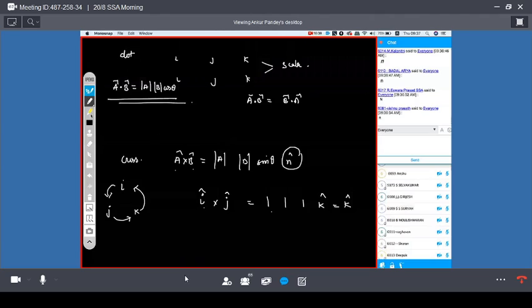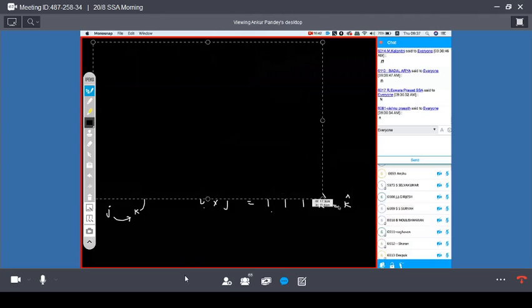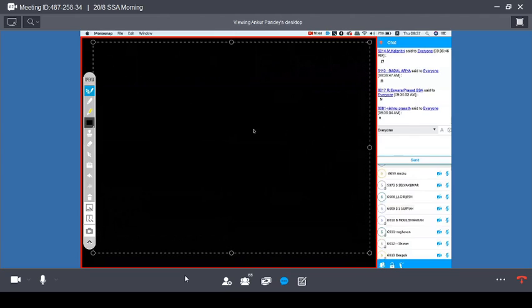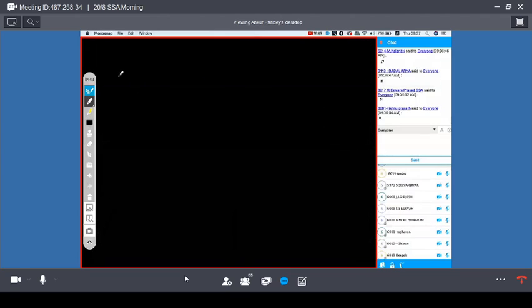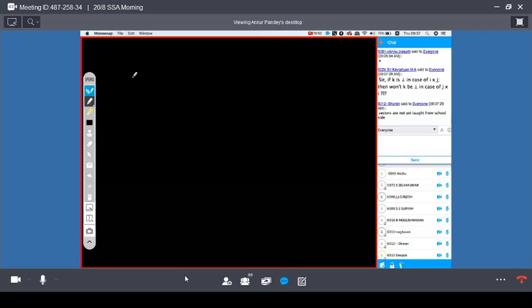Clear? Sure. Relax. If I ask, sir, if k is perpendicular in case of i cross j, then won't k be perpendicular in the case of j cross i? It will be perpendicular, but I am not saying k is not perpendicular. If the angle between x and y is 90 degree, then the angle between y and x will be minus 90 degree, and sine of minus 90 is minus 1.